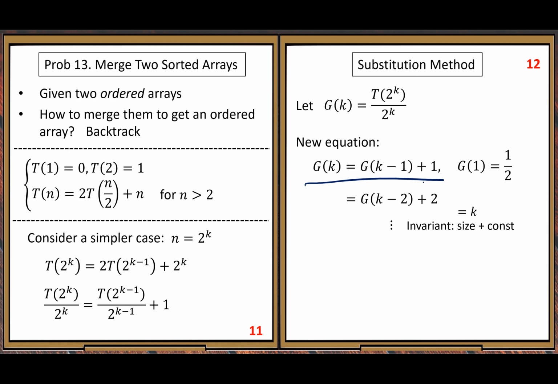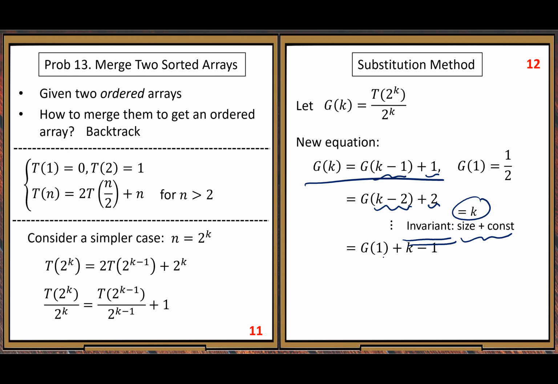Here, how do we keep track of these numbers? k minus 1 plus 1 equals k. k minus 2 plus 2 equals k. So we have this invariant property: size plus that constant equals the fixed number k. This property helps us keep track of all these equations.